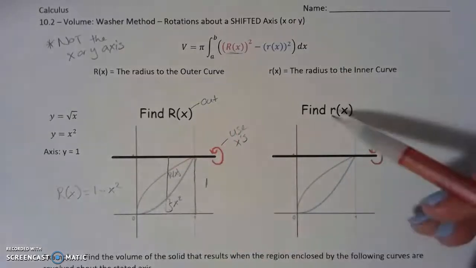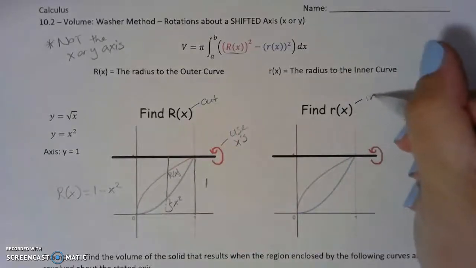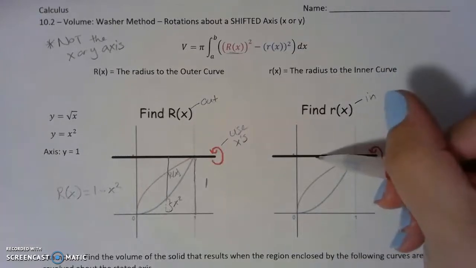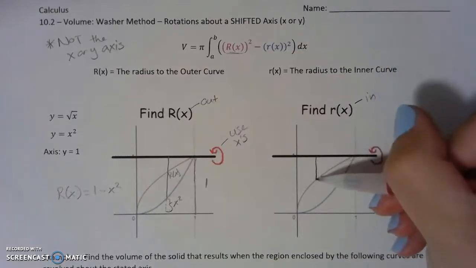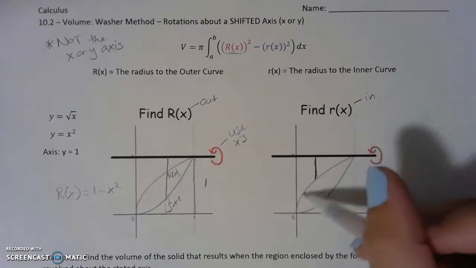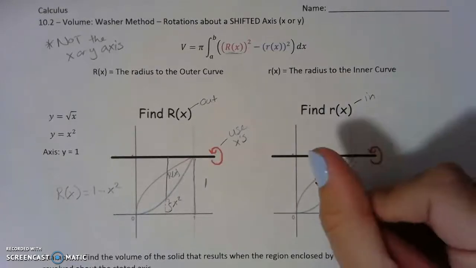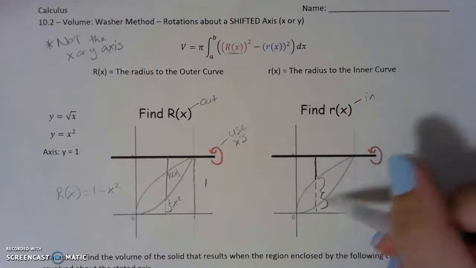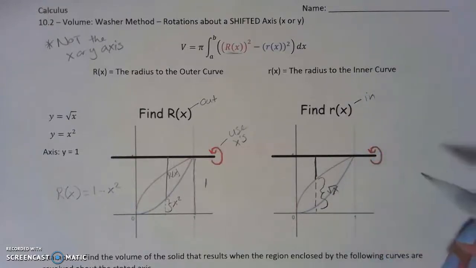When we're finding little r of x, remember this is the radius to the inside function, so from where we're rotating to the inside function, that's this. Now this function is the square root of x, but that is actually representing this distance down here.